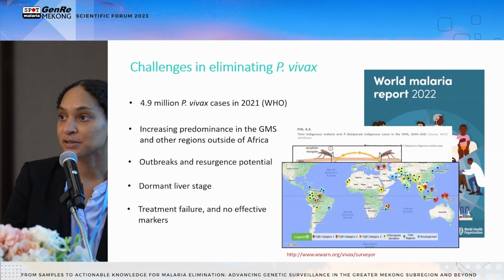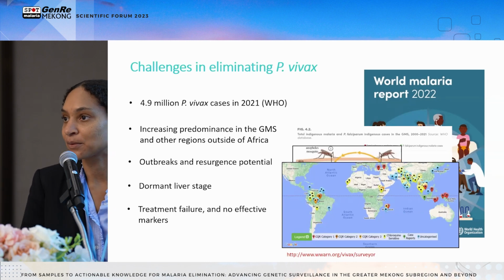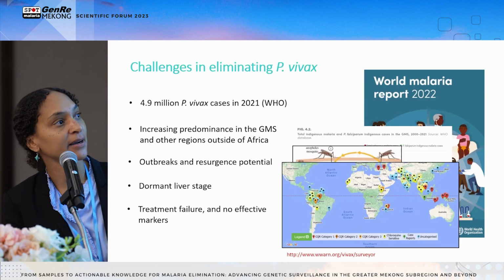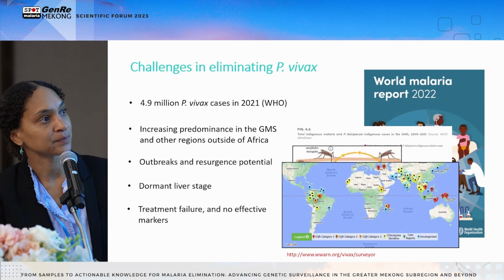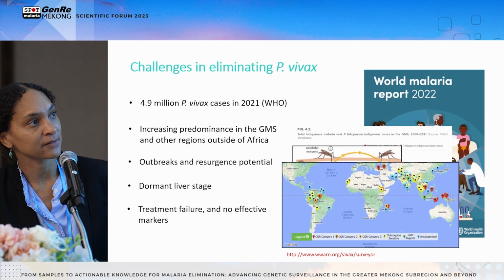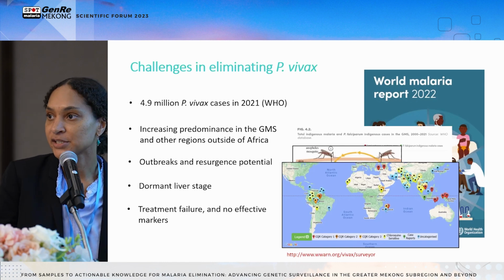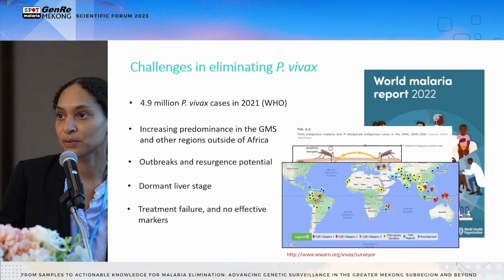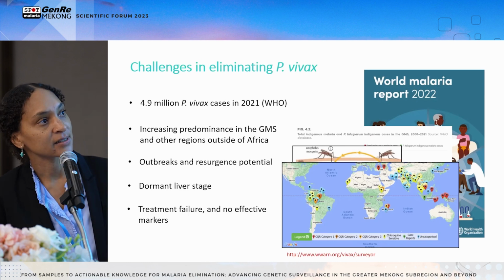If we think about blood stage treatment, as we'll all be well aware, in many regions of the globe we're still using chloroquine for treating Vivax malaria. If we look at tools like this Vivax surveyor map, we can see in regions across the globe increasing reports of resistance to chloroquine.